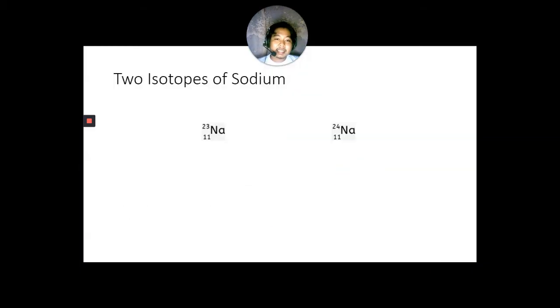Now, most elements have their isotopes. Common example is sodium, diba? How do we read elements, or particularly isotopes with different numbers of neutrons? How do we read isotopes like this one? So very simple lang ang pagbasa.